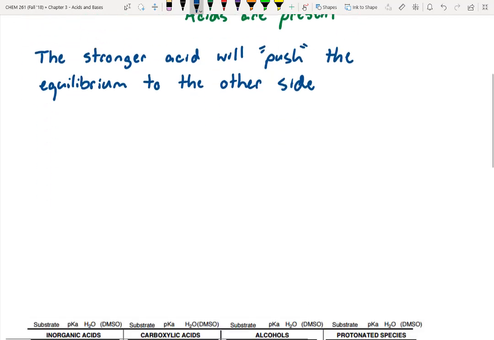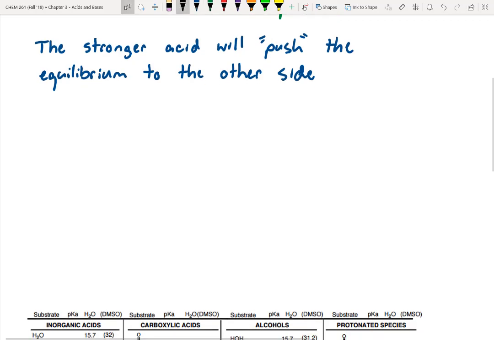All right, so let's take a look at some simple examples. We'll do the easy ones first. We'll do HCl, hydrochloric acid, plus water. And I'll draw in all my lone pairs and covalent bonds so we can track where everything's moving. And I'm actually going to put a box here.